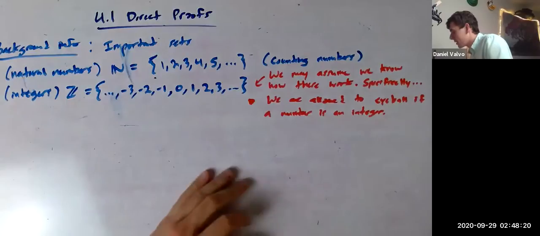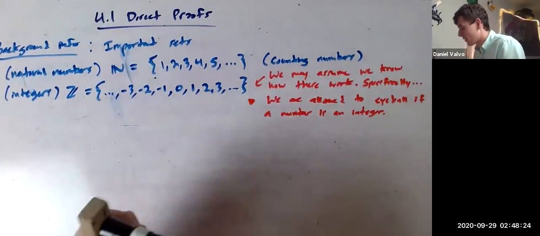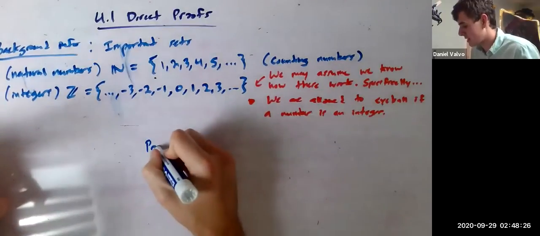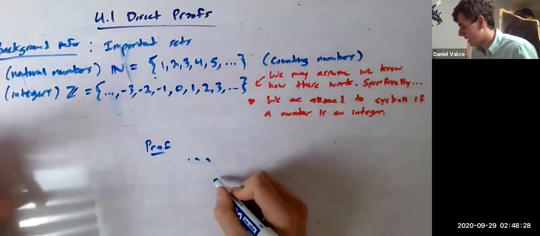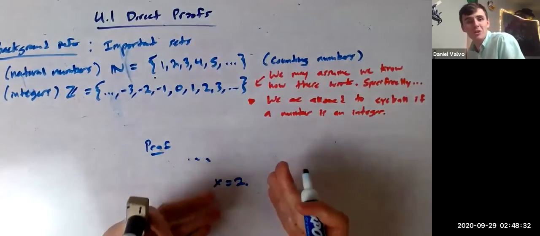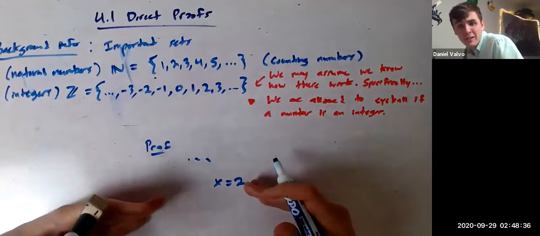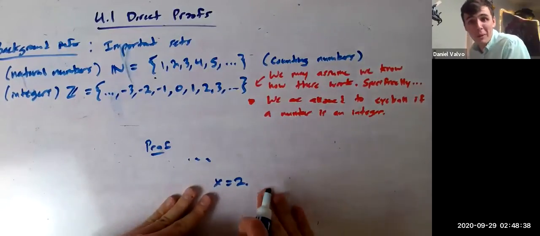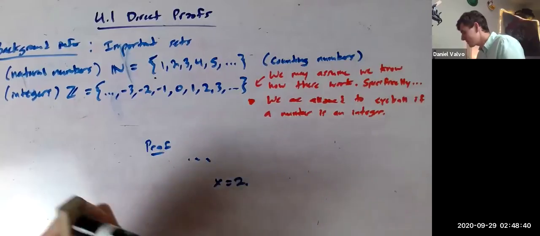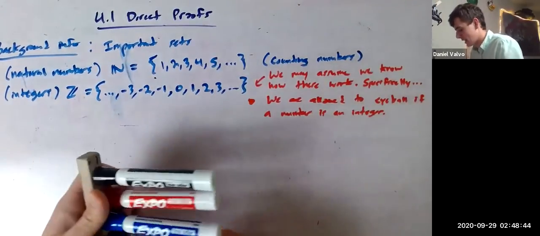And by allowed, all I mean is that if you're doing a proof and you get down to x equals 2, you can go, okay, 2 is an integer. You know 2 is an integer. You don't have to prove beyond that 2 is an integer. And we'll talk later about things that you will have to prove, right? So the point is you're allowed to identify numbers as integers. That's fine.